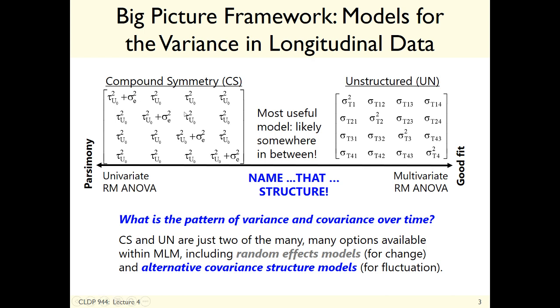So this model, this compound symmetry, random intercept, two-pile, univariate, repeated measures ANOVA model, all those words go together. It predicts constant variation across time due to two sources, and it predicts constant covariance across time. So that's this off diagonal. Note the same symbol shows up here.